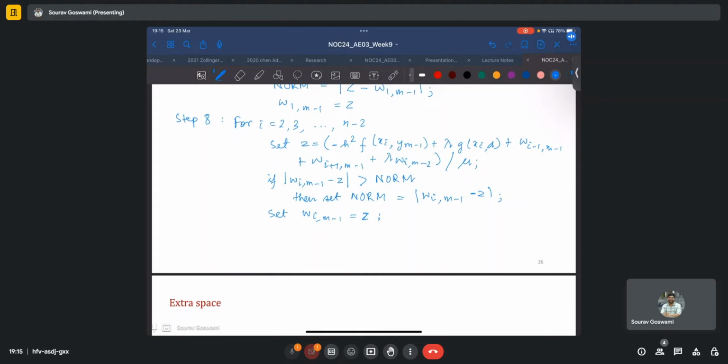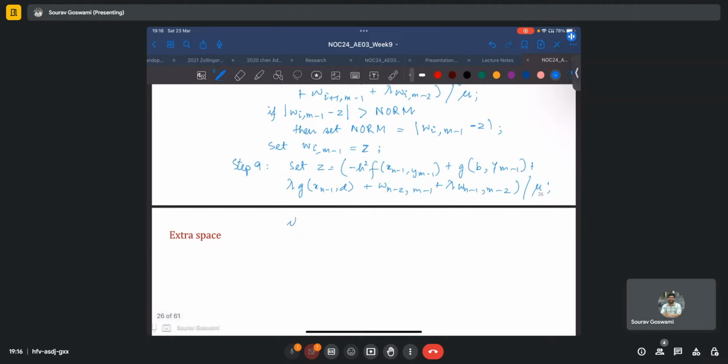Now within the loop, so maybe I'll write it here. We set z equals again minus x square f x n minus 1 y m minus 1 plus g times b y m minus 1 plus lambda g x n minus 1 comma d plus w n minus 2 m minus 1 plus lambda w n minus 1 m minus 2, by the quantity mu. Again, check if the norm is less than this or not.